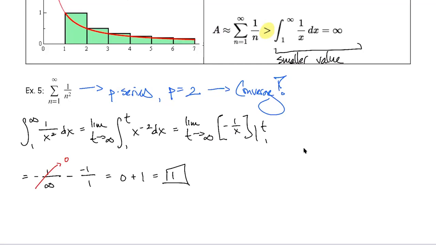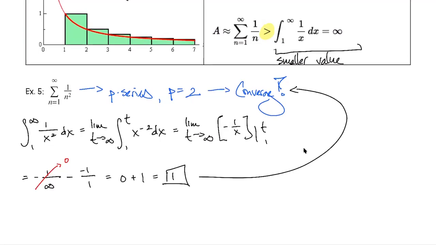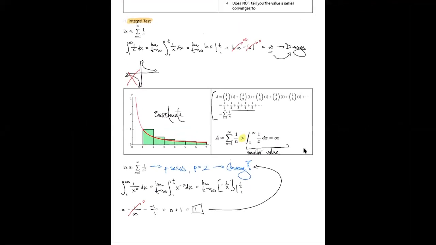Okay. So the improper integral converges. And what that means is that our infinite series also converges. Okay. Before I show you the rule, which is on the next page, let's look at 4 and 5 again. So with 4, I found my improper integral.